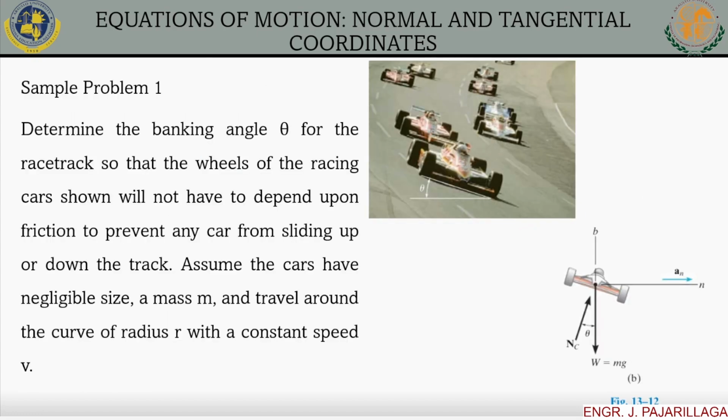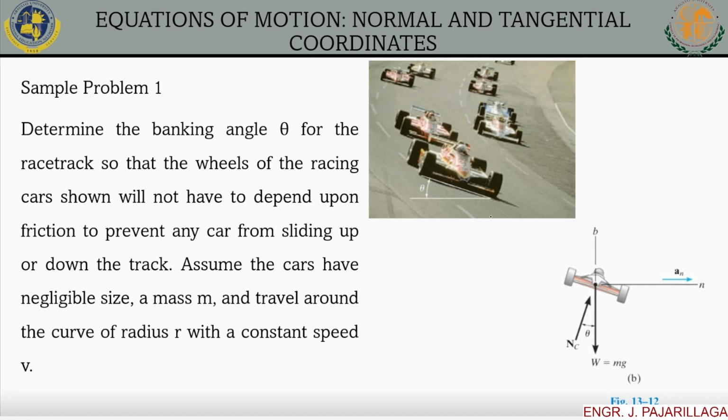Okay? Let's proceed with sample problem number 1. Sabi dito, determine the banking angle for the racetrack so that the wheels of the racing cars shown will not have to depend upon friction to prevent any car from sliding up or down the track.